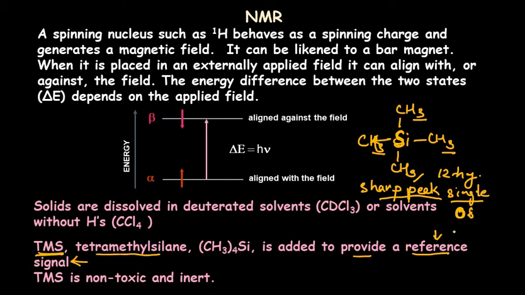So this peak will be used as a reference with the 0 number. And why do we use TMS? TMS, tetramethylsilane, is non-toxic, and it is inert, it doesn't react with any compound. So that is the reason that we use such a compound to produce the reference signal.